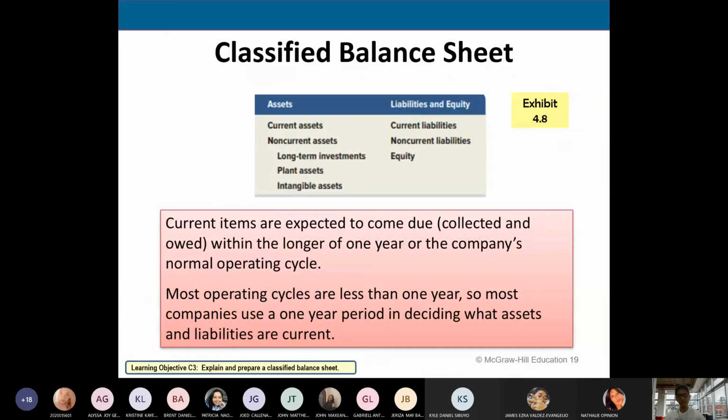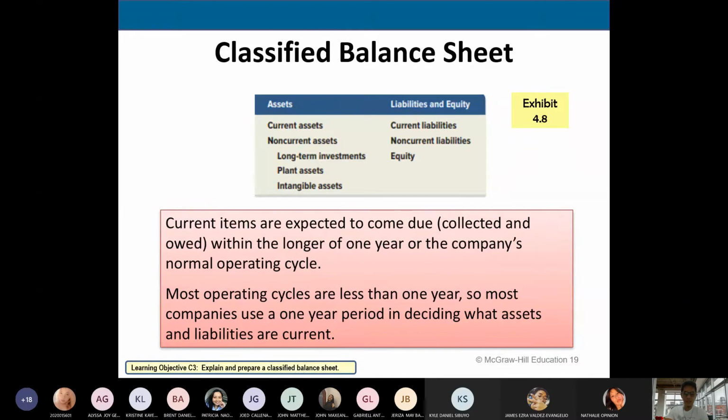So what is a balance sheet? Tinatawag natin din itong statement of financial position. Tama ba? Per IFRS. Per PFRS. Yung standard na ginagamit natin dito sa Philippines.